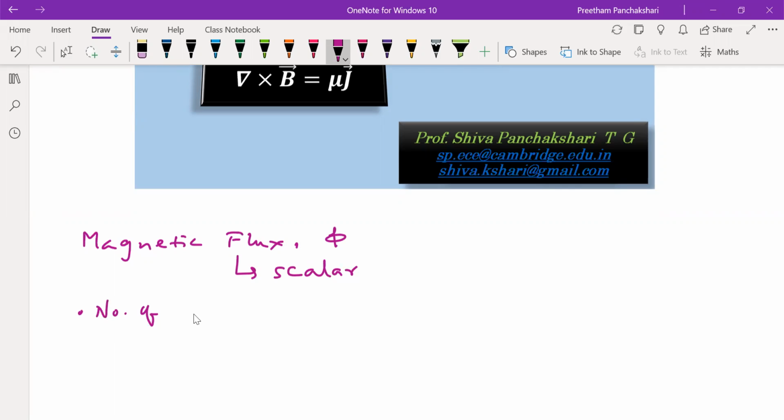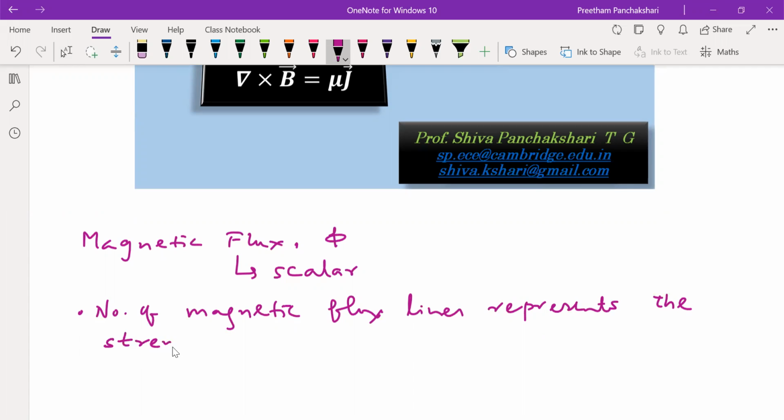The number of magnetic flux lines represents the strength of the magnetic field.